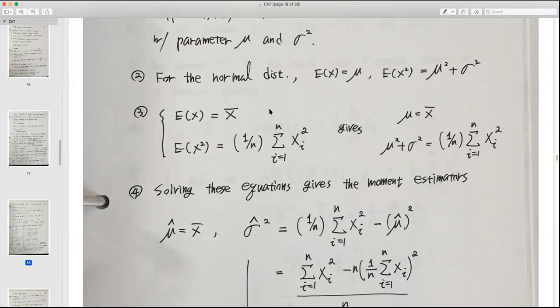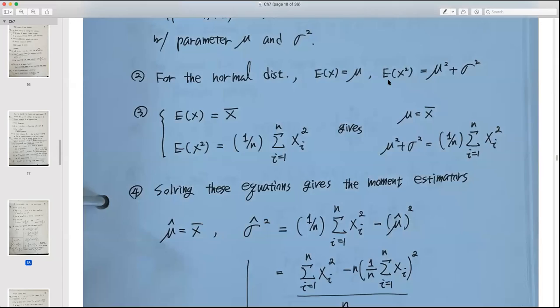Then we find the second population moment and the second sample moment. The second population moment is E of x squared, which is mu squared plus sigma squared, because sigma squared is E of x squared minus mu squared. That's why we got this.